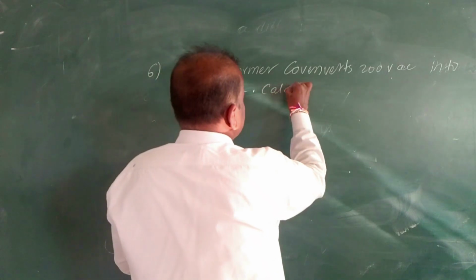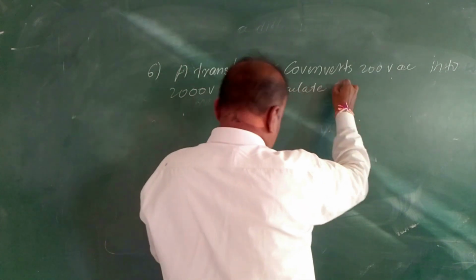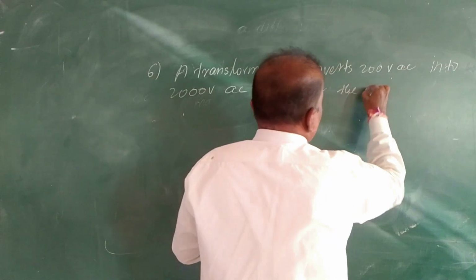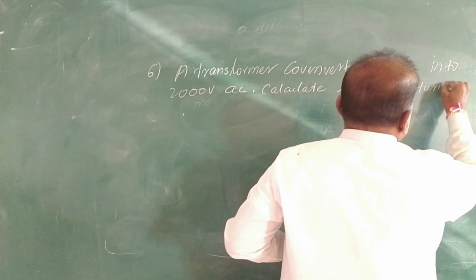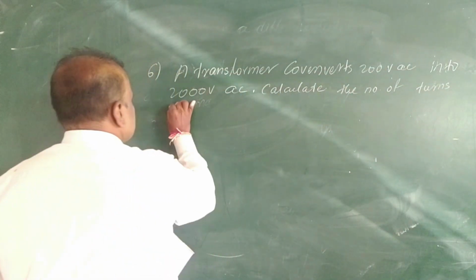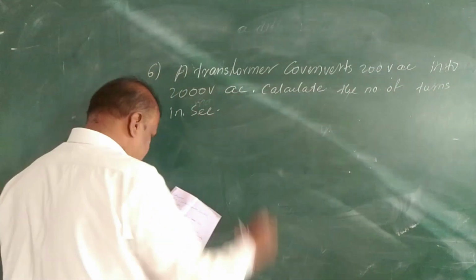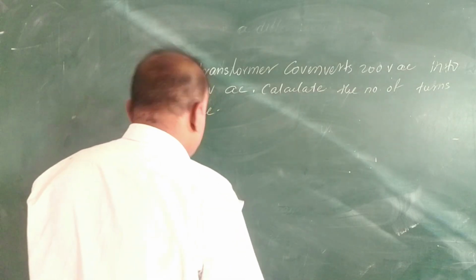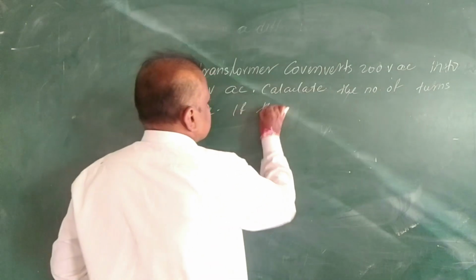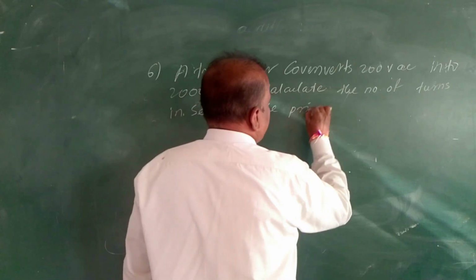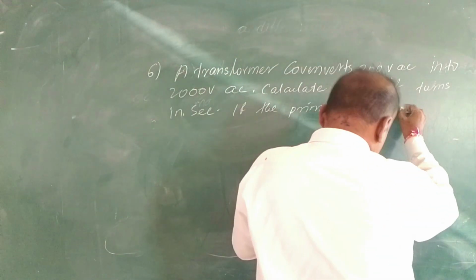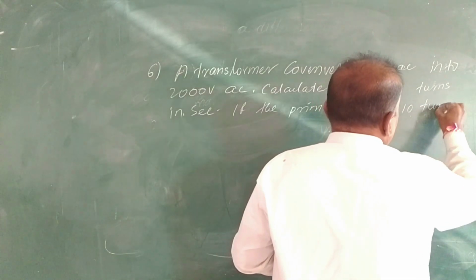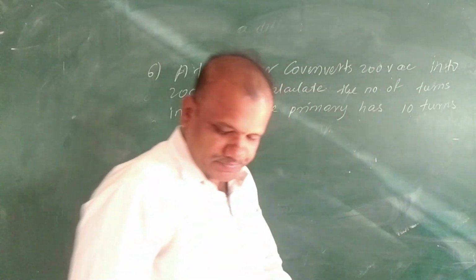Calculate the number of turns in the secondary winding if the primary winding has 10 turns. So it is a problem from transformer.